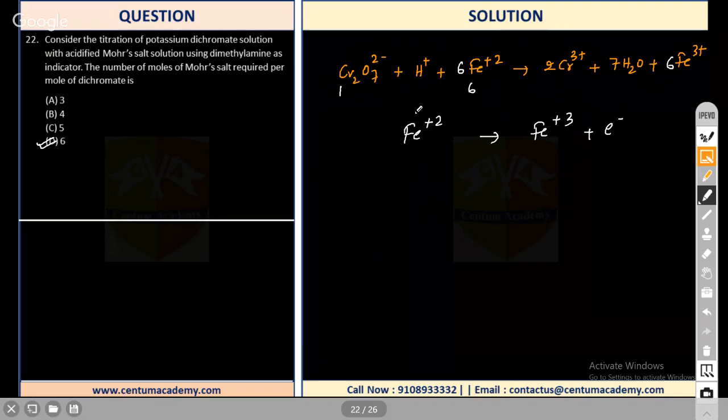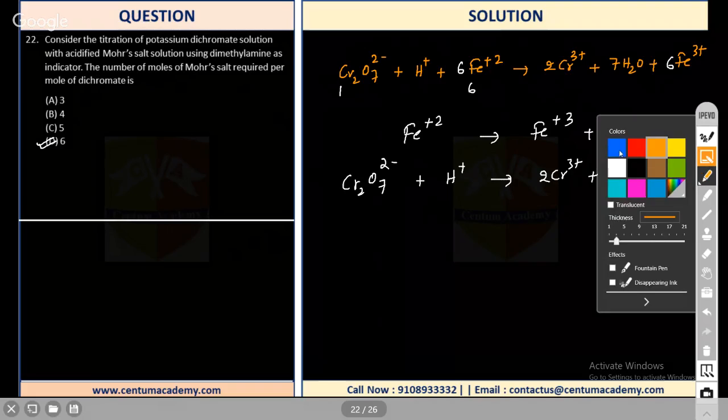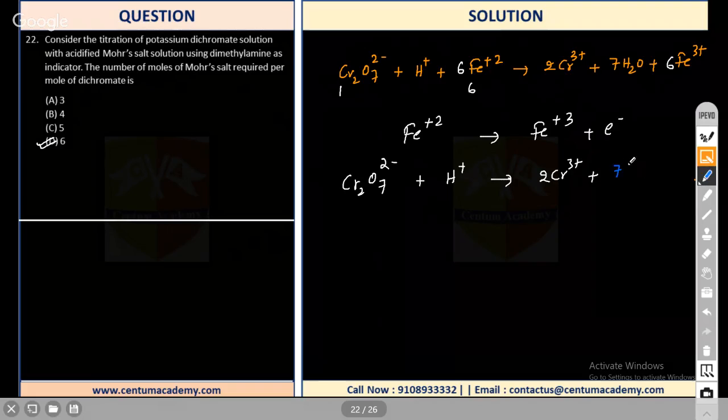And if you take Cr2O7 2 minus plus H plus gives 2Cr3 plus, right? So if you balance this oxygen, you have to add 7H2O this side. 7H2O means 14H plus. 14H plus, the total charge here is what? Plus 2, so plus 12, right?